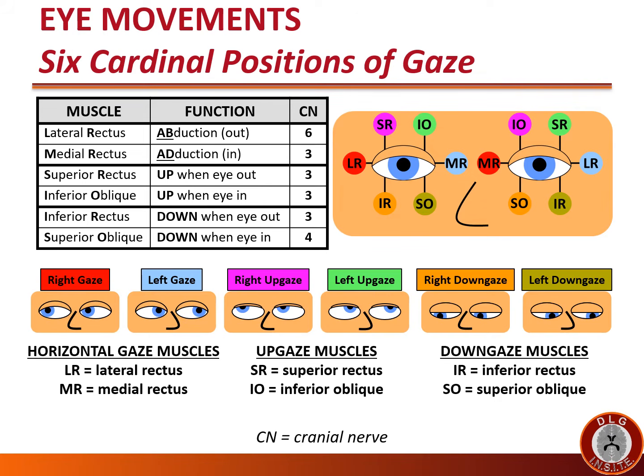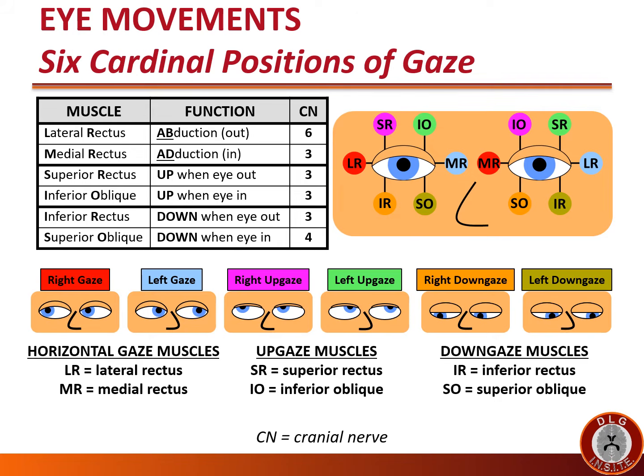The inferior oblique is responsible for making the eye look up when the eye is already in. And the inferior rectus is responsible for making the eye look down when the eye is out. And the superior oblique is responsible for making the eye look down when the eye is in. If you notice, the lateral rectus is controlled by cranial nerve 6, the superior oblique is controlled by cranial nerve 4, and the other muscles are all controlled by cranial nerve 3.